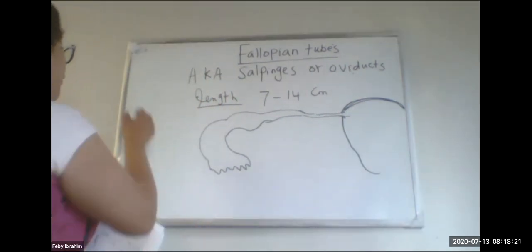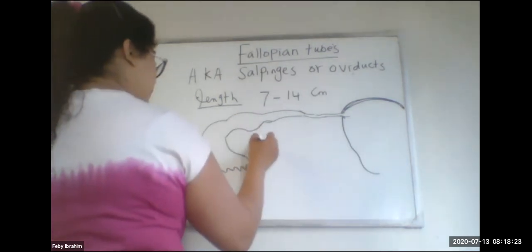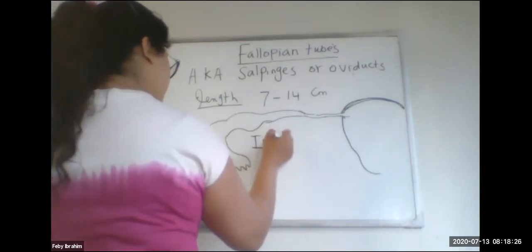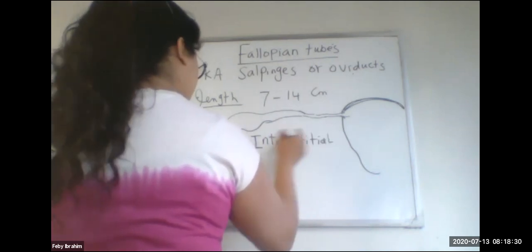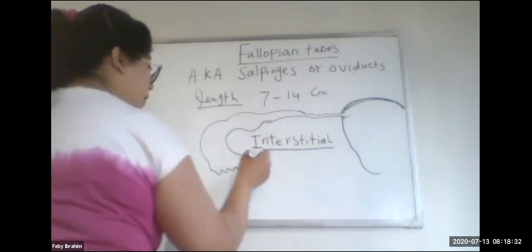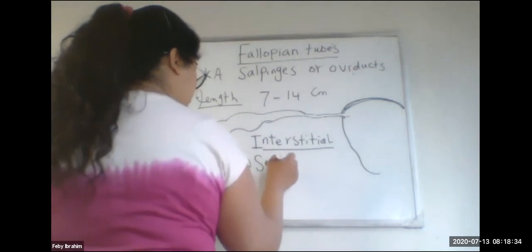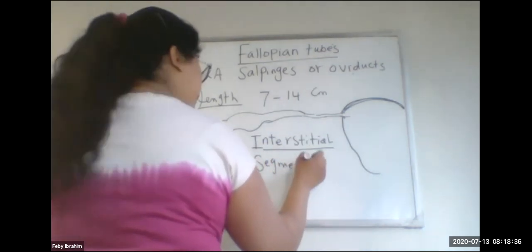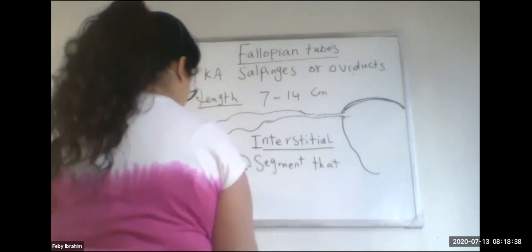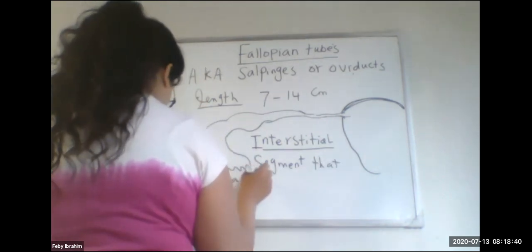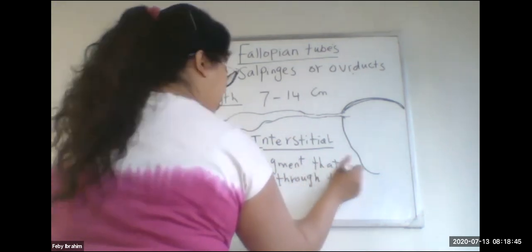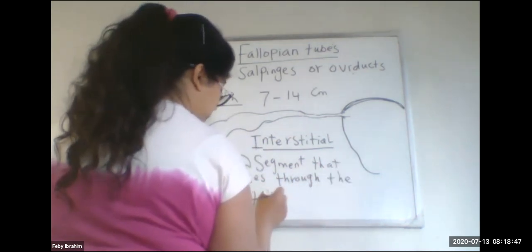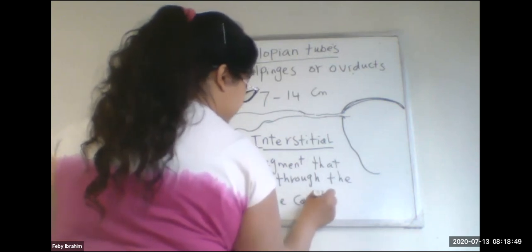So number one, we have the interstitial. And this one is the segment that passes through the uterine cornua.